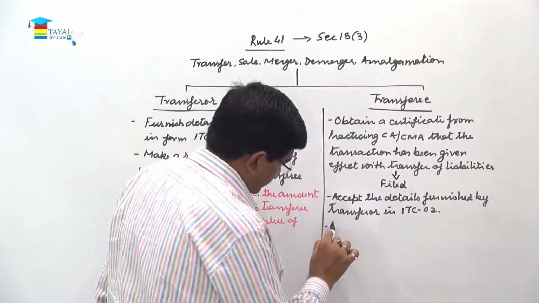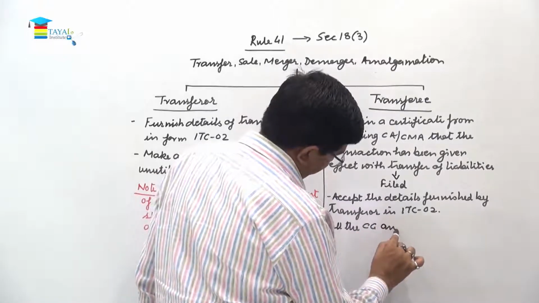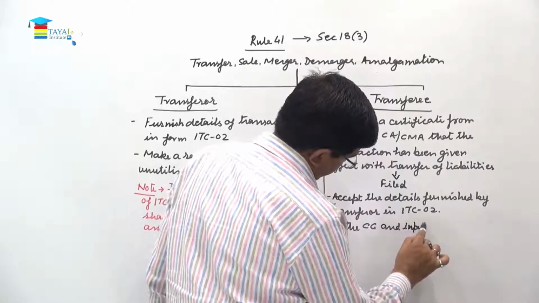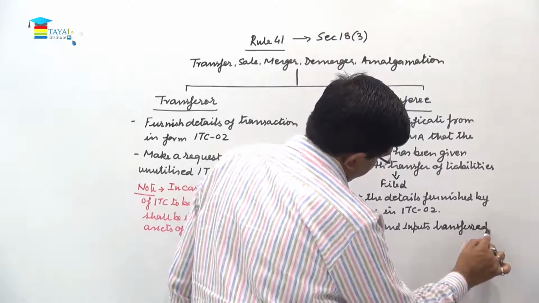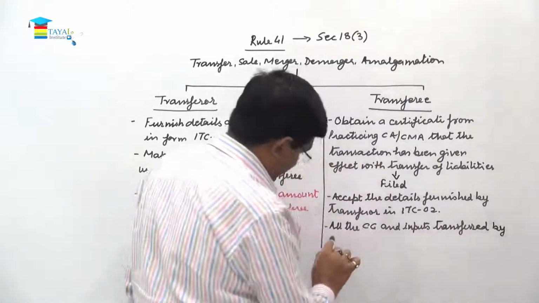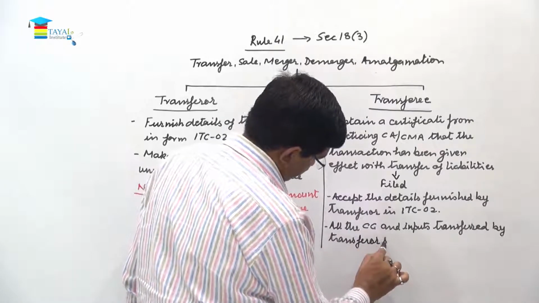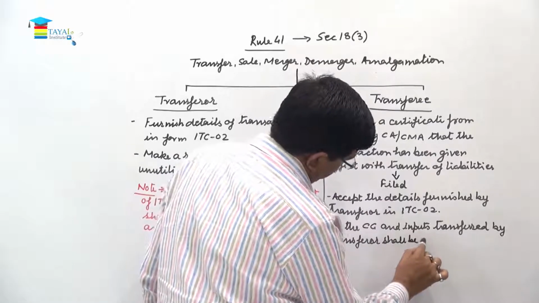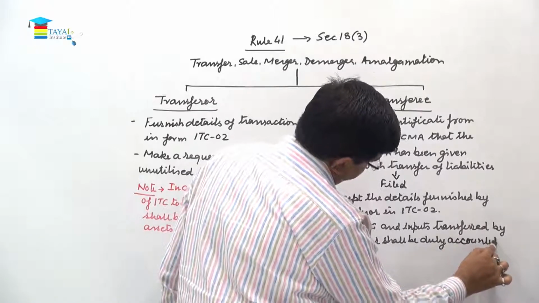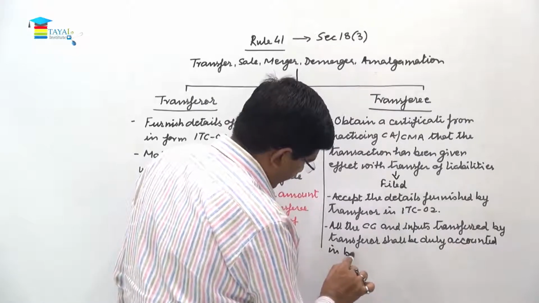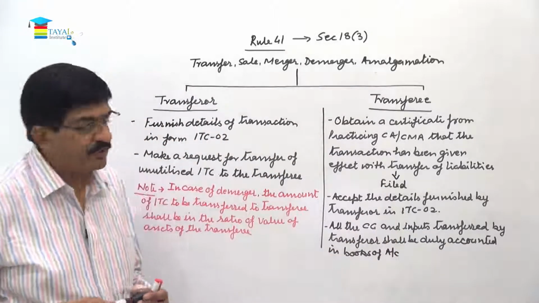Then all the capital goods and inputs transferred by transferor shall be duly accounted in books of account. So these are the books of account of the transferee.